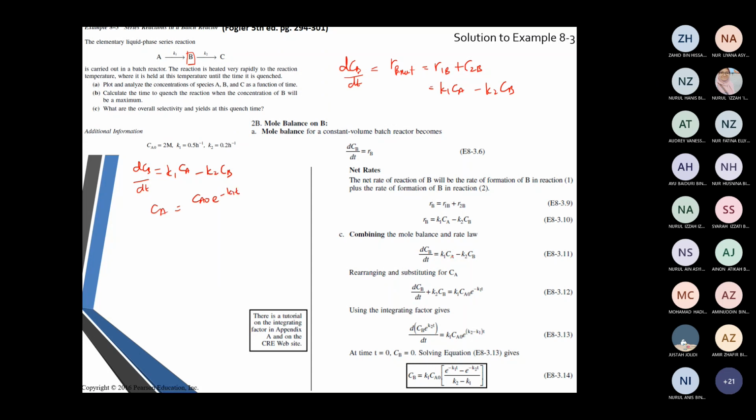So you just substitute the Ca here from the previous one, and then you rearrange it. On the left side is for the B component, and this one should be on the right side, which is for A. From there, integrating it is rather difficult.